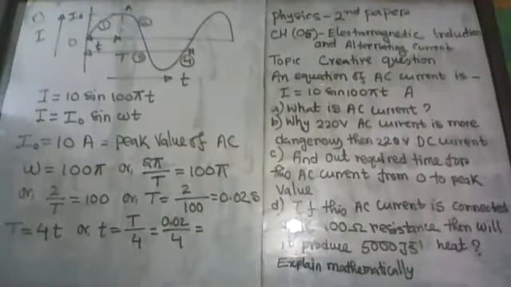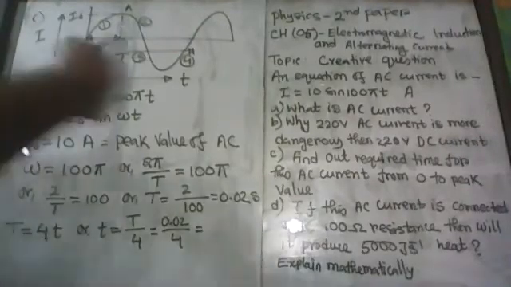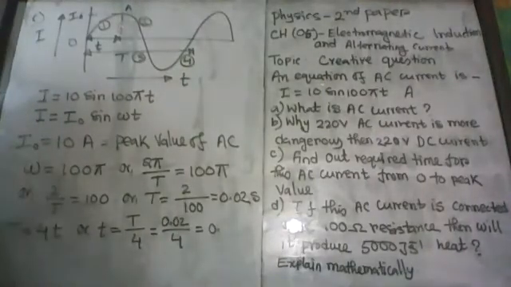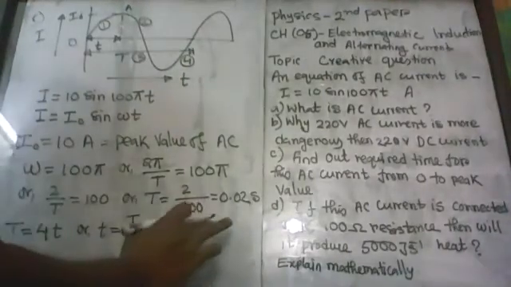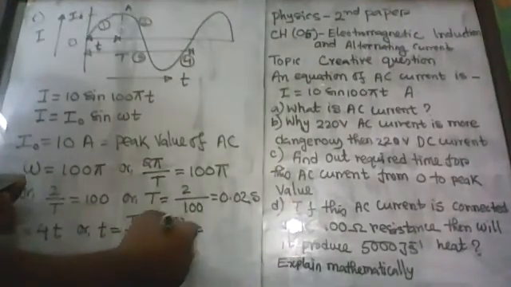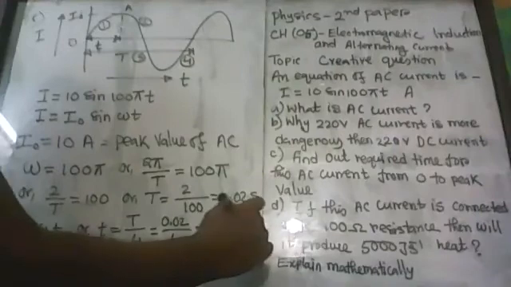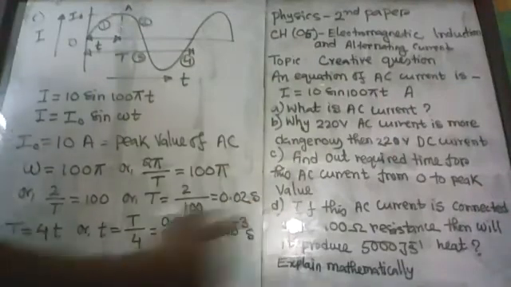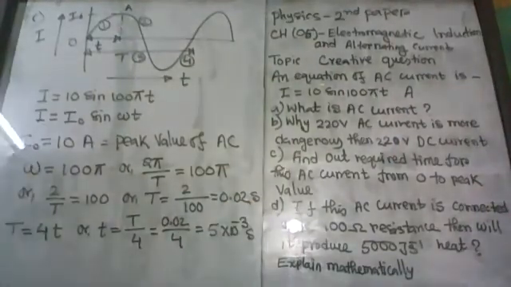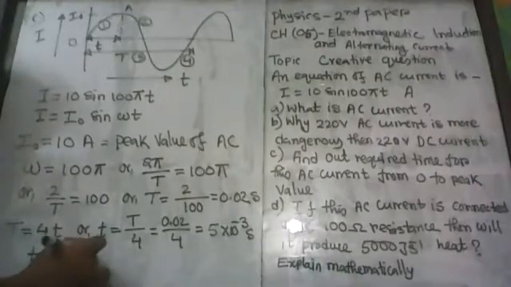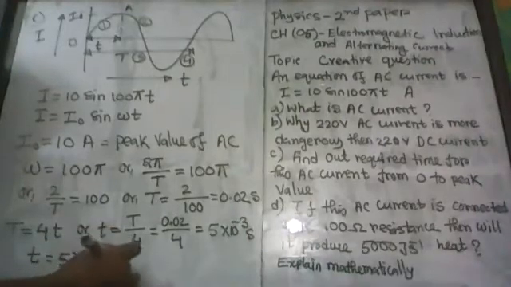It will equal 5 into 10 to the power minus 3 second. So small t equals 5 into 10 to the power minus 3 second.